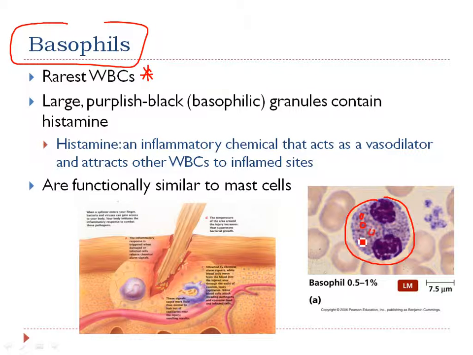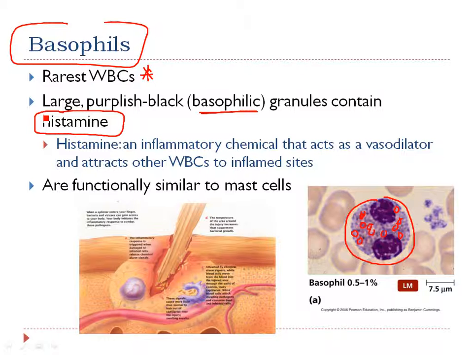They're filled with little granules that contain important chemicals as well, but those tend to stain with a bluish dye, which is also called a basophilic dye in this case. Those granules contain several important chemicals, but probably the most important of those chemicals is called histamine.